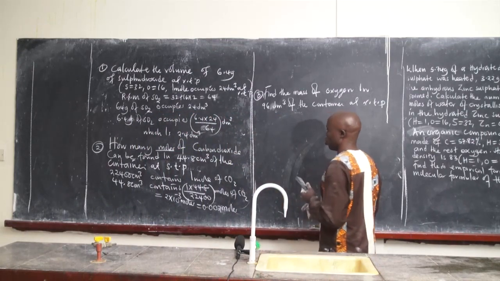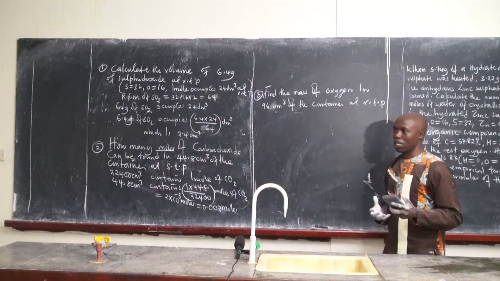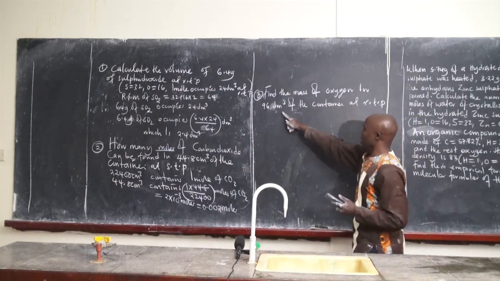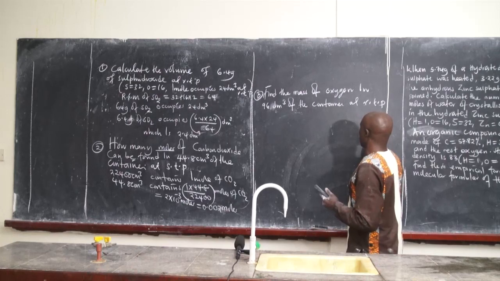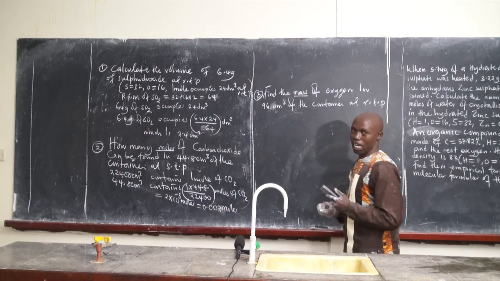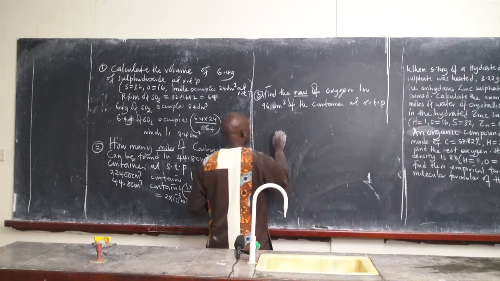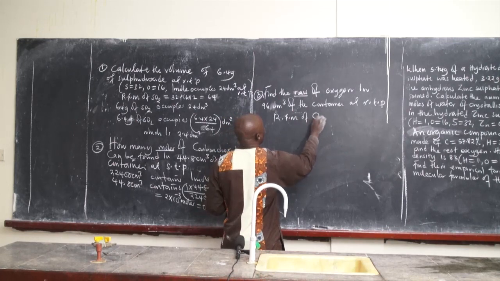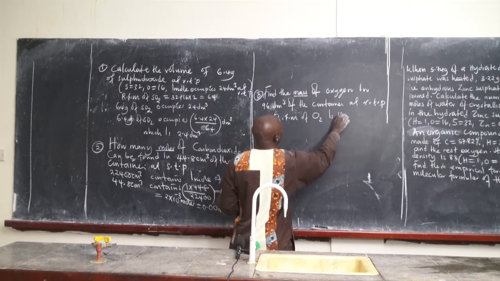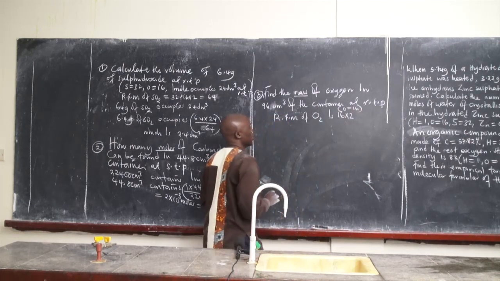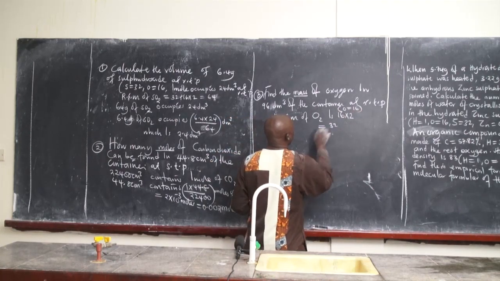Here then we go to stoichiometry. This one number can't be enough for us. So find the mass of oxygen in 96 decimeters cubed of the container at RTP. The question wants mass, so I need RFM. RFM of oxygen is 16 times 2 because each oxygen atom is 16, so it is 32.